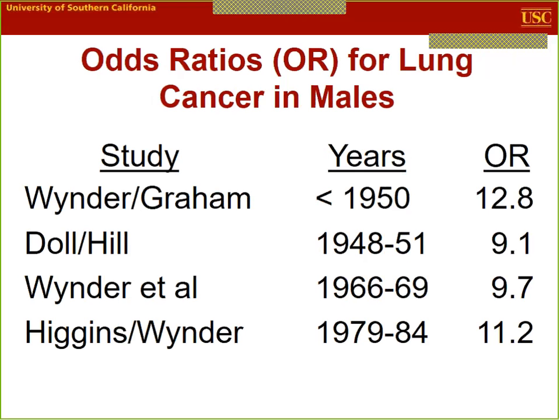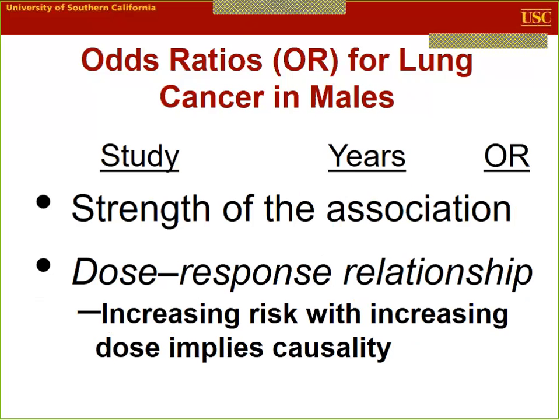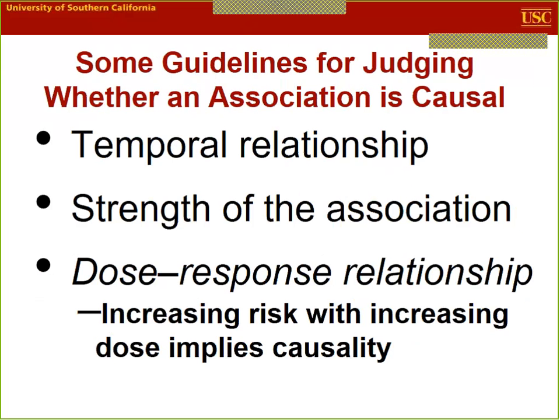And if we look back at some of the early tobacco stories, here's lung cancer in males, the initial estimates of strength of association were really quite high, comparing smokers to never smokers. So strength of association was an easy one, for example, for active smoking and lung cancer.